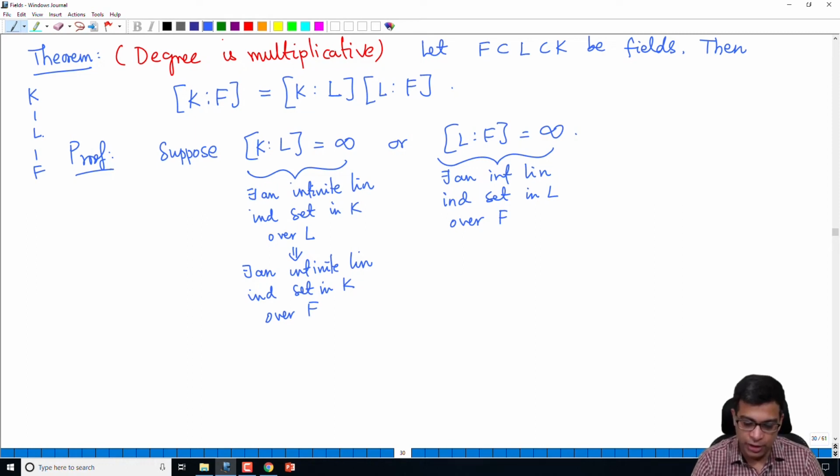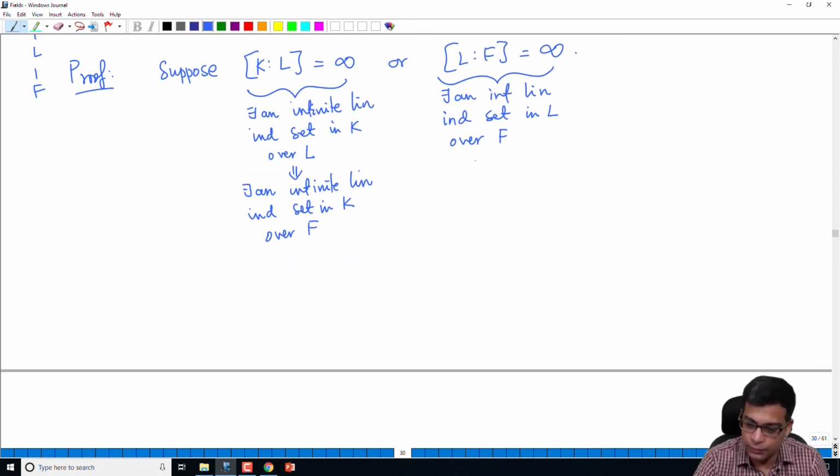So there is an infinite linear independent set in K over F.